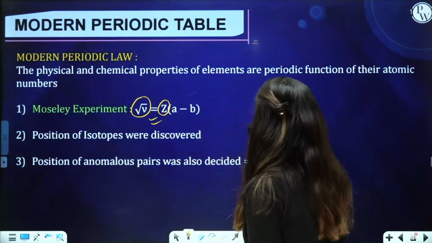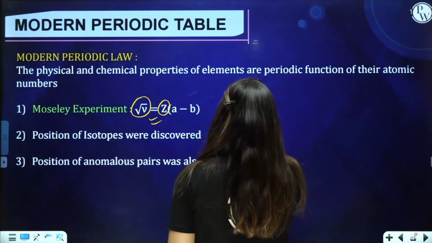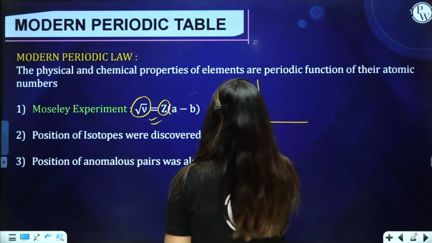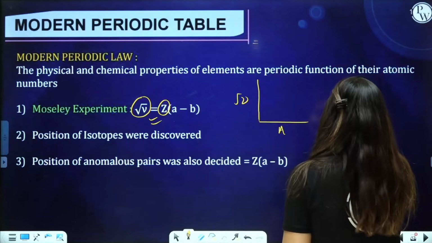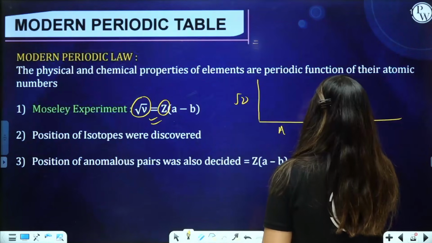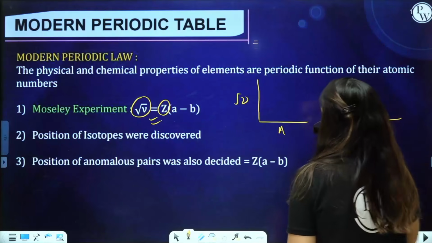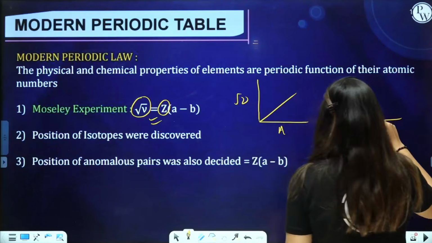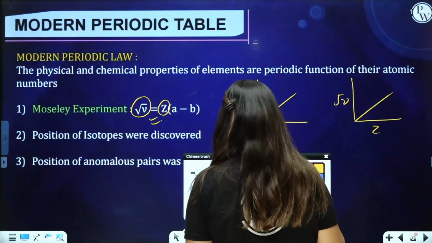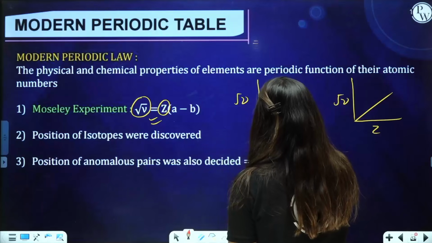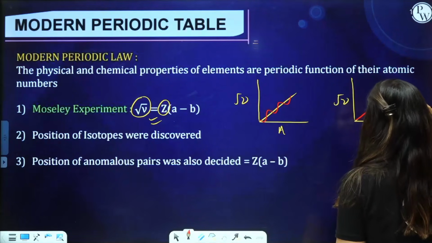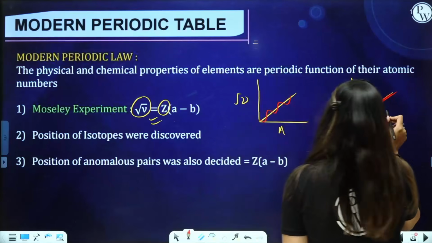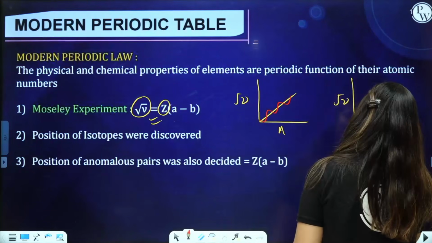First he made a graph of root of frequency with the atomic mass, and the graph was very zigzag. Then he plotted root of frequency against atomic number, and the graph was exactly linear.